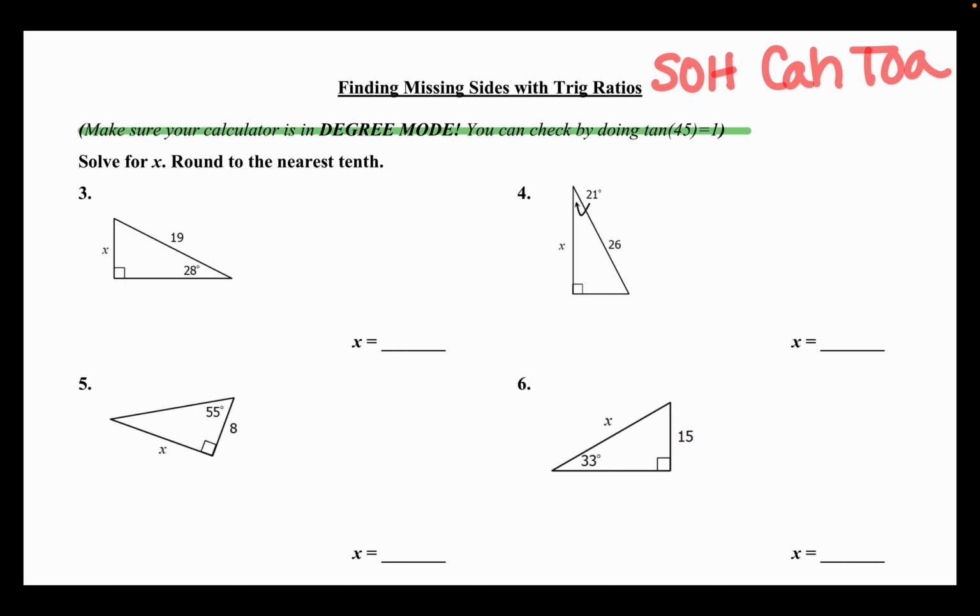In number 3, this 28 degrees, that is our reference angle, which makes this side x your opposite, and across from your right angle is your hypotenuse. Now we have OH, that matches sine. So how we write it is now we say sine of 28, because that's our angle.